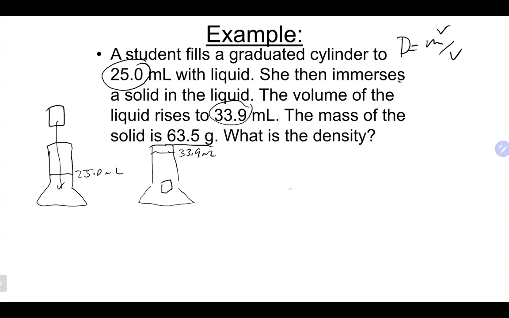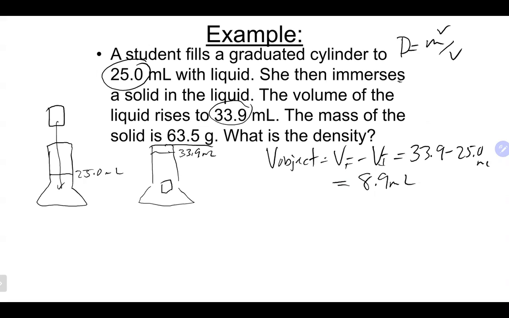At this point, we do need to find the volume here by displacement. So the volume of our object here would be our final volume minus our initial volume, and that would be our 33.9 minus 25.0 milliliters. That's going to yield us 8.9 milliliters, if I'm not mistaken.